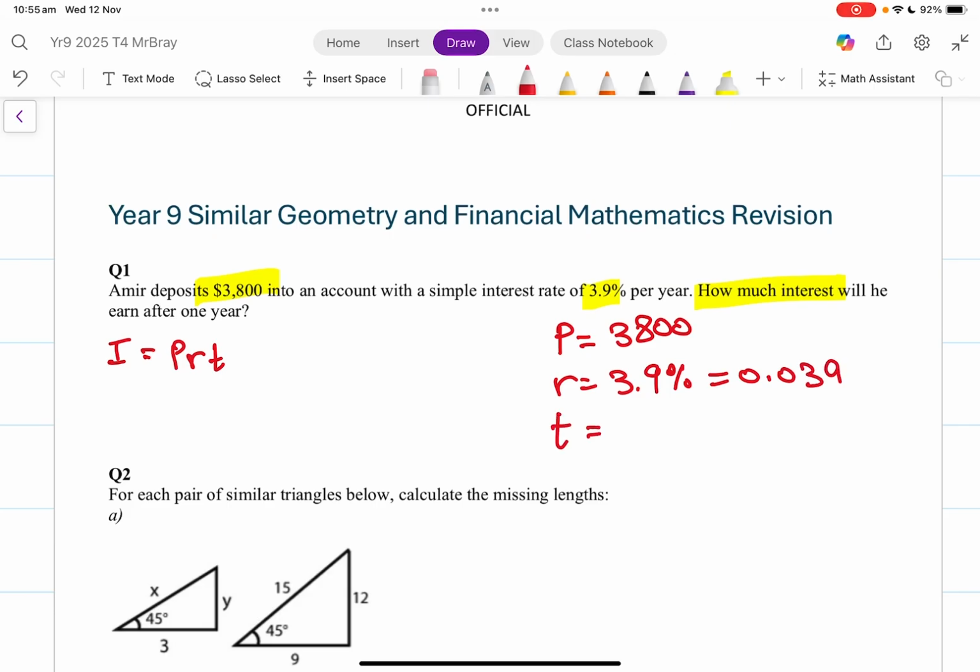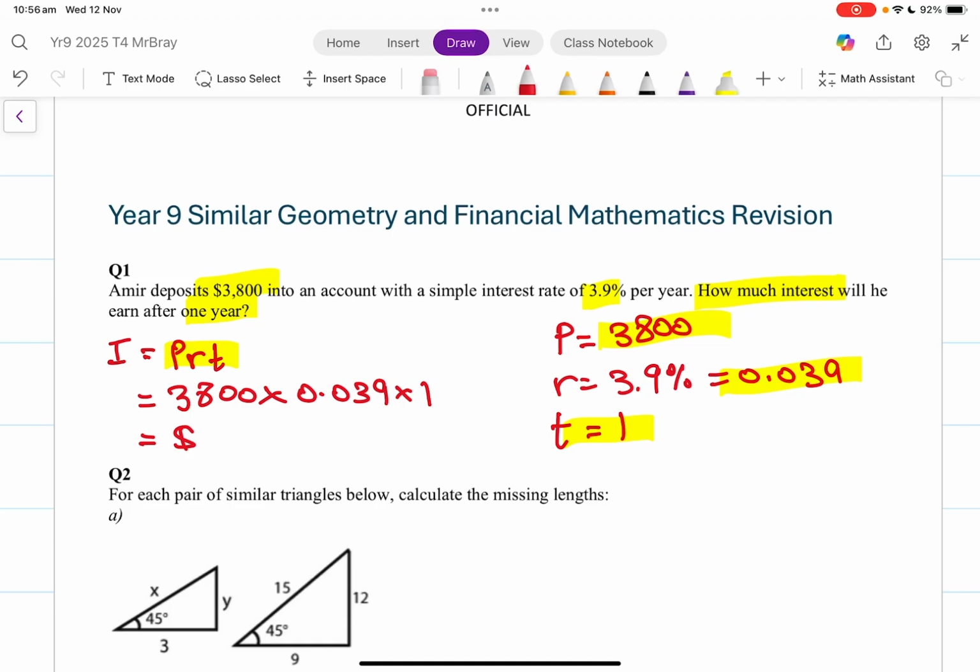And we need our time, which is going to be 1 year. So just one. So then when it comes to working this out, we are multiplying these three numbers together as the formula suggests. So we're going to have 3,800 times 0.039 times 1.